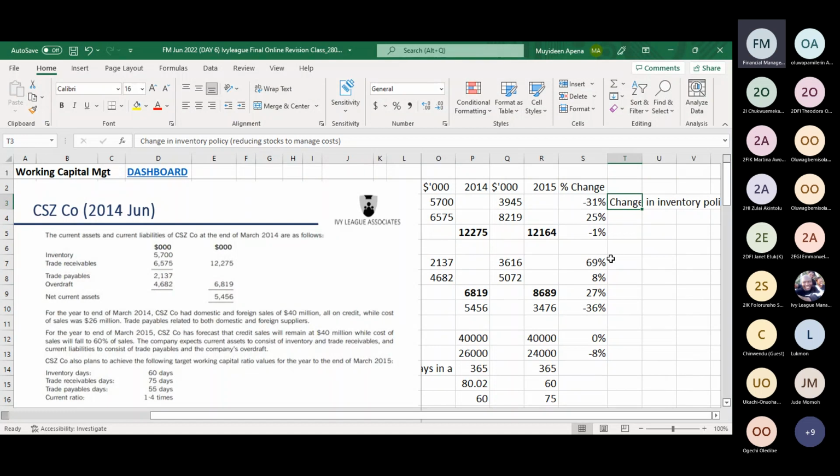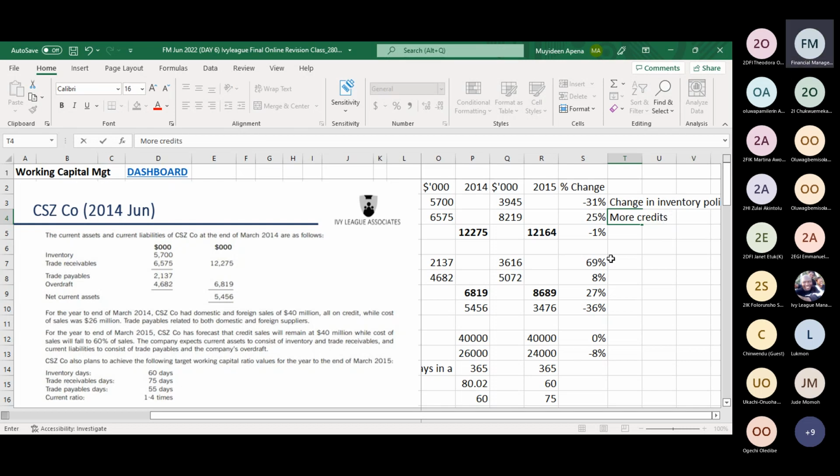Moving on. So what happens here? Can we now link it to the reduction in cost of sales? More credit sales to customers. But remember that sales did not increase here. So what do you think here?